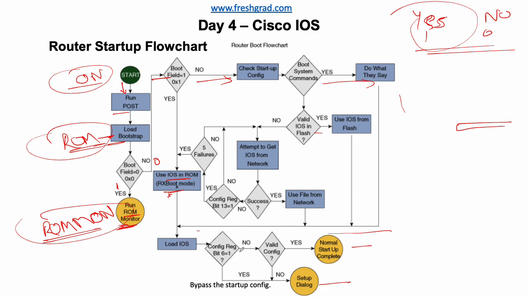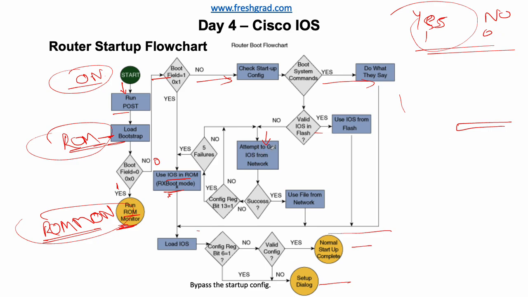If it doesn't find any configurations and doesn't bypass the startup configuration, it displays the initial setup mode of the router. If it finds a valid configuration, it does a normal startup. And if it's no, then it attempts to get the IOS from the network using TFTP or any networking protocols configured in the network.